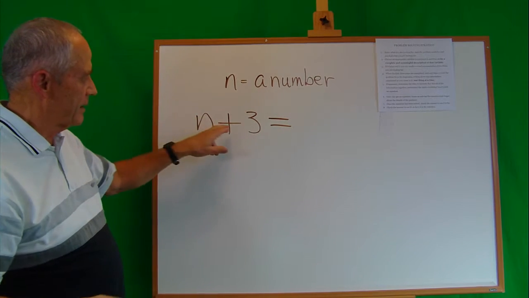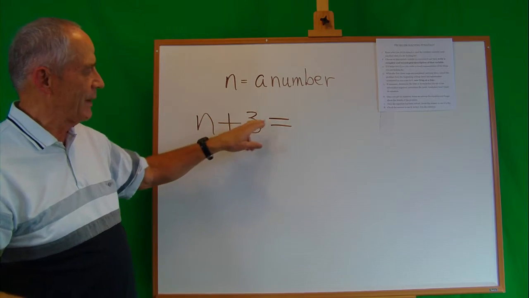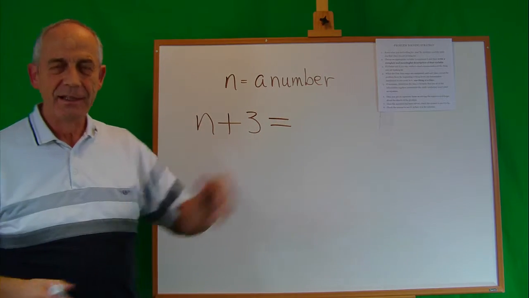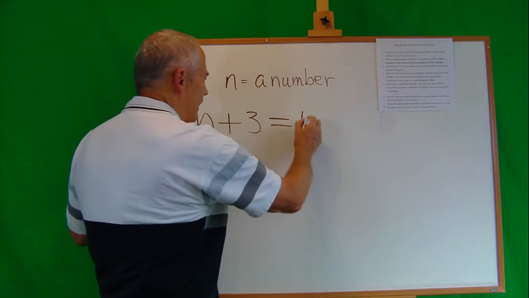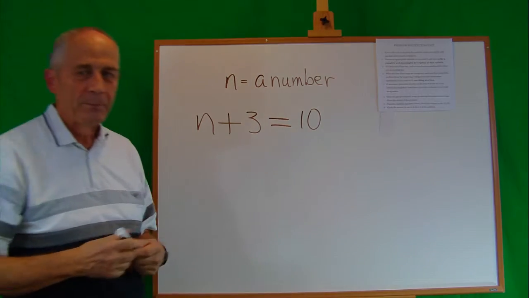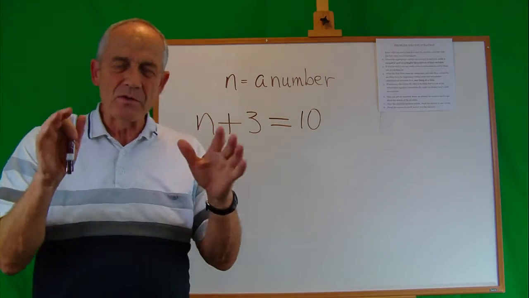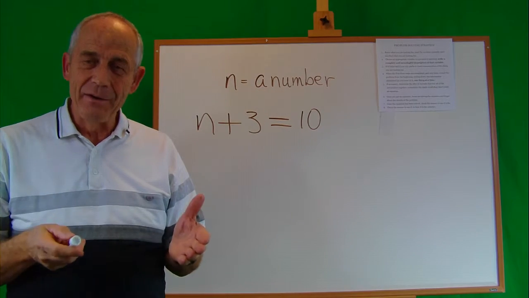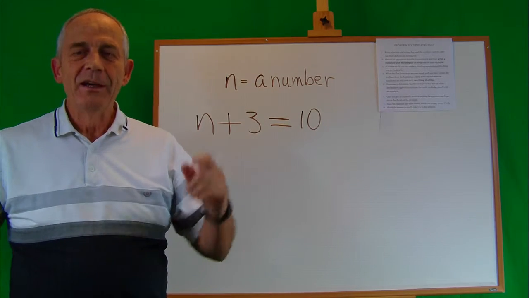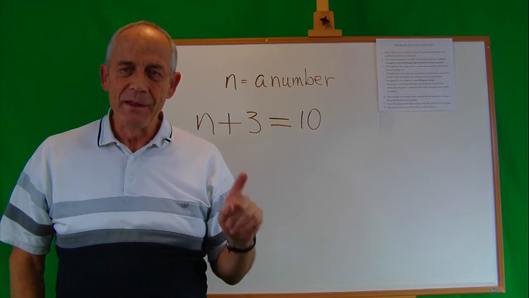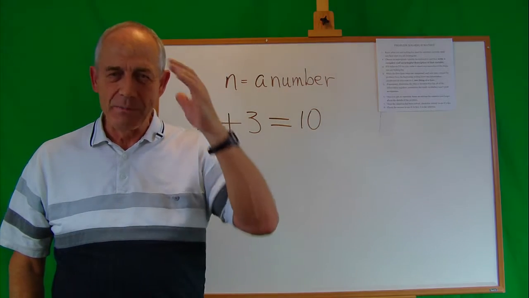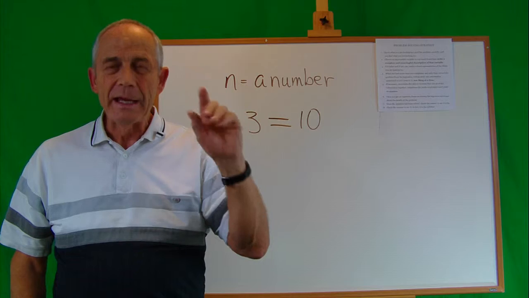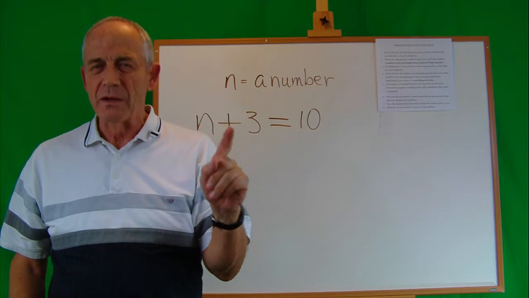So now I've got the sum of a number and 3 is, and it is 10. So just taking those words and applying them here, I have an equation. At this point, I'm going to stop thinking about the problem and focus on solving that equation.